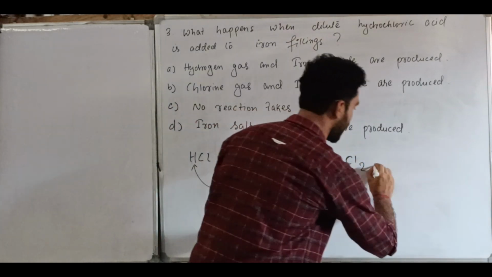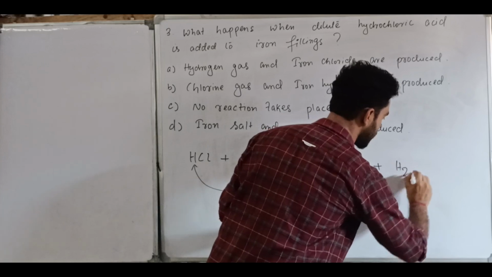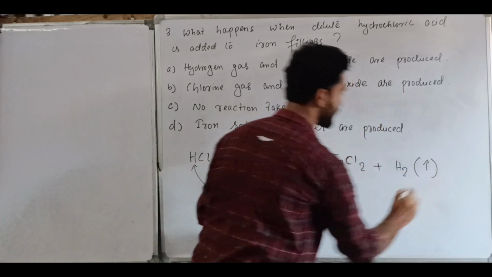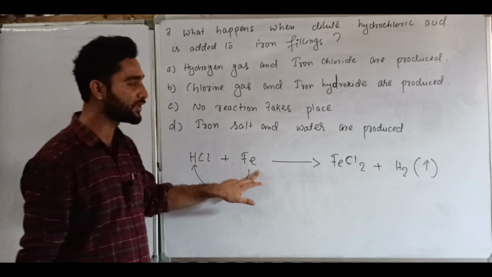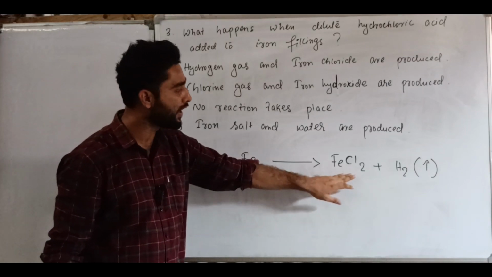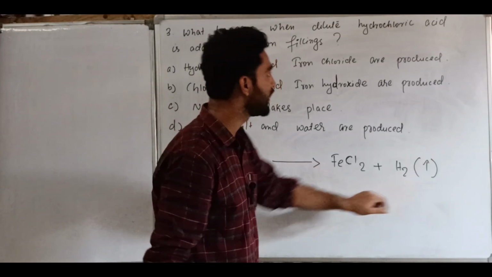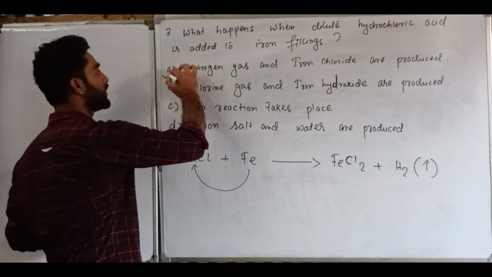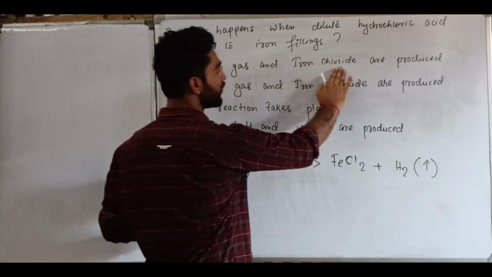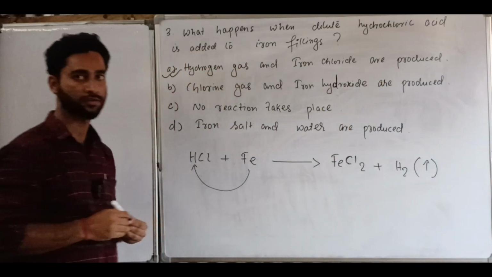Along with the iron chloride, there will be formation of hydrogen gas. So which option is correct? That is option A: hydrogen gas and iron chloride are produced.